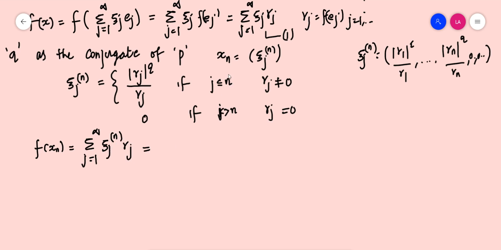Now theta jn is defined in terms of n. Up until the nth stage the value is this, after the nth stage the value is 0. So we can define this sum as such.